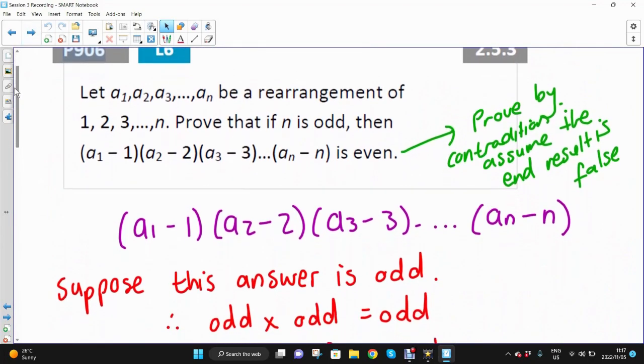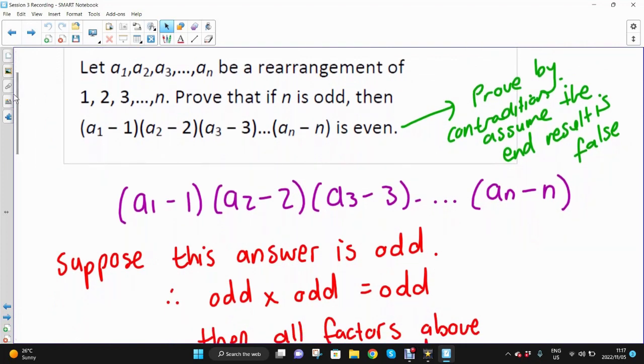Problem number 906. Let A1, A2, right up to AN be a rearrangement of 1, 2, 3 and all the way to n.